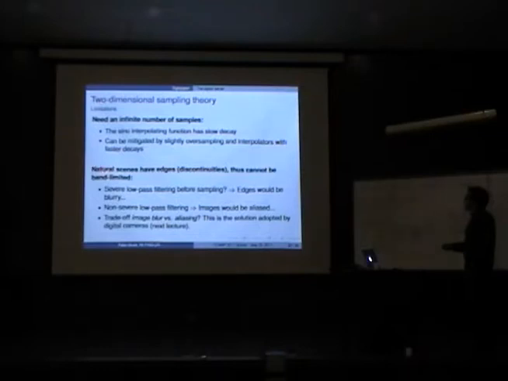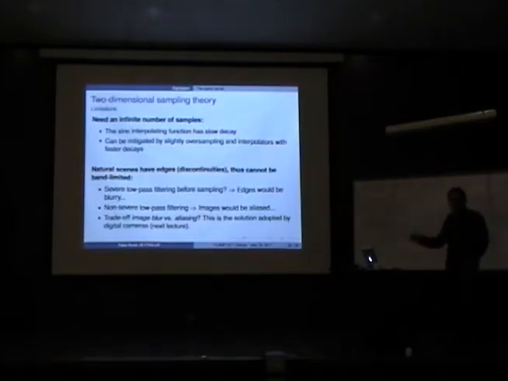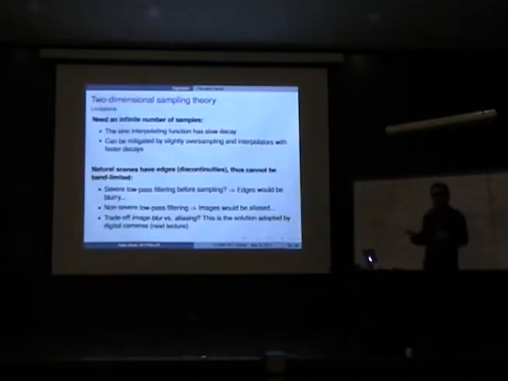The other problem is that when you are observing an image, it is naturally not band limited. Why is that? Because there are edges, and an edge is a discontinuity, so it can't be band limited. So if you want to have a good quality image, you shouldn't blur the edges. That's very bad. Okay?